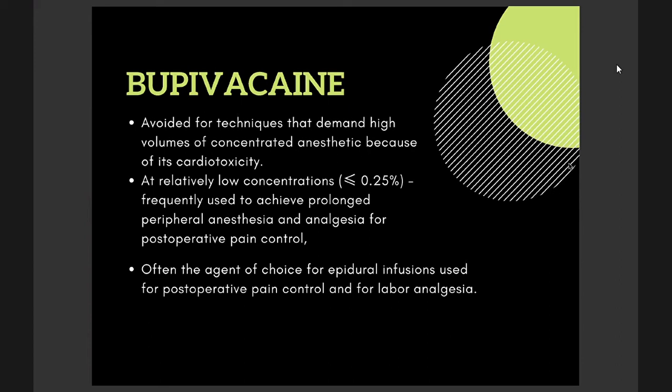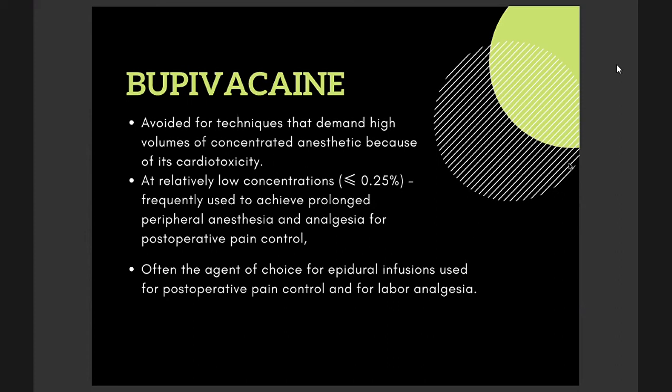0.75% can give you a very good muscle relaxation, but the drawback is its high incidence of cardiotoxicity. So we avoid bupivacaine at 0.75%; we do not use it now. Bupivacaine is one of the local anesthetics that is used for differential blockade, most especially for labor analgesia and obstetric anesthesia.